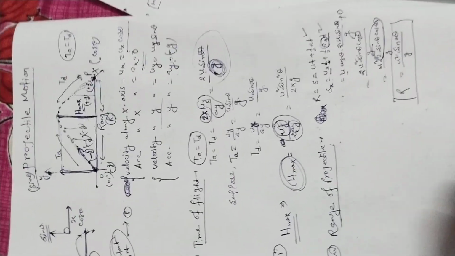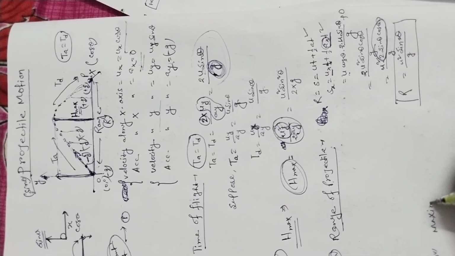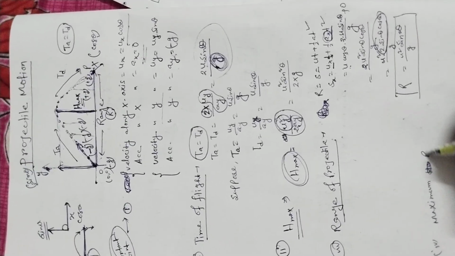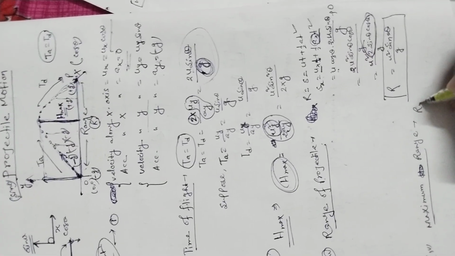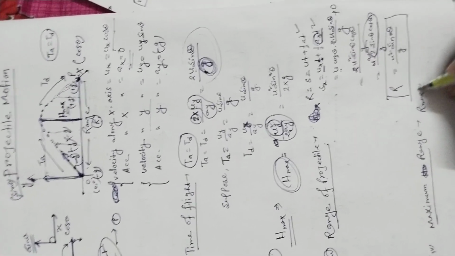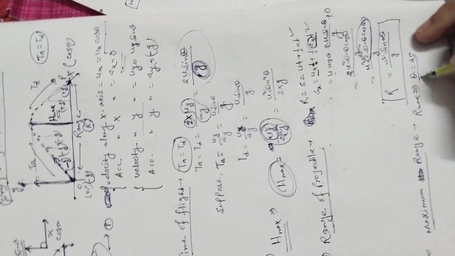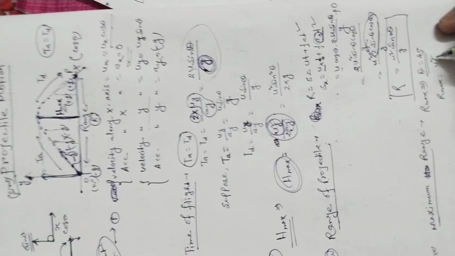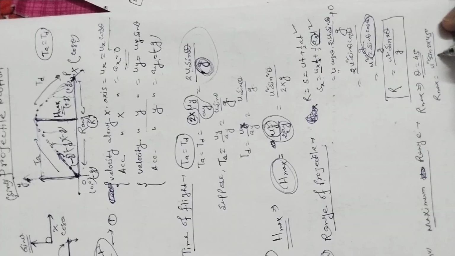Okay, number 4, that's the maximum range, that means R max. If theta equals 45 degree, then R max equals, I can also put that u square sin 2 into 45 degree, 2 theta by g.